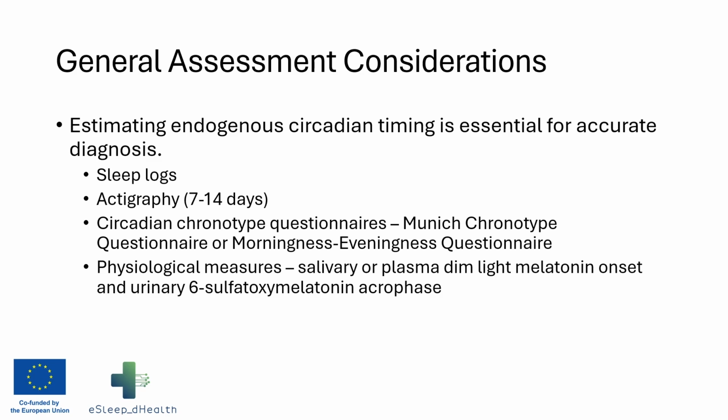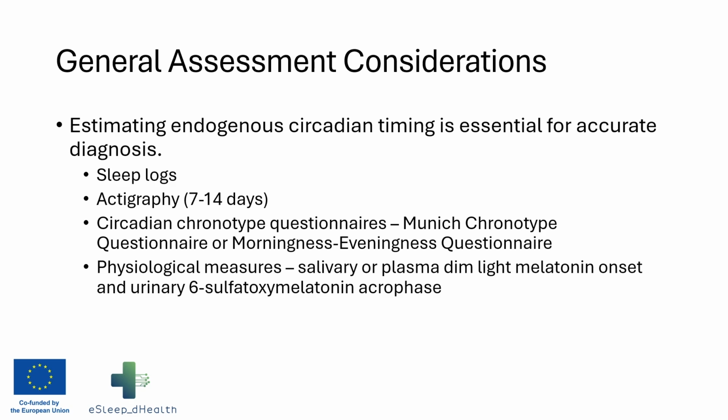So typically we like to see more activity during the day and almost no activity at night to signify rest or sleep. And we like to measure sleep logs and actigraphy for 7 to 14 days to ensure that it captures free days and work days. We also use circadian chronotype questionnaires such as the Munich Chronotype Questionnaire or the Morningness-Eveningness Questionnaire.